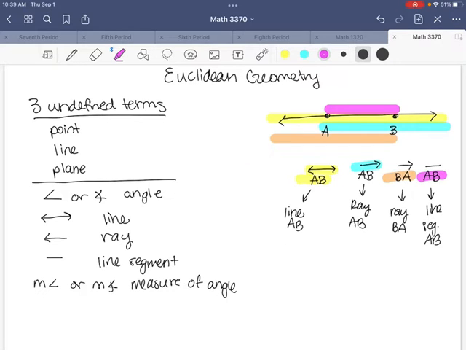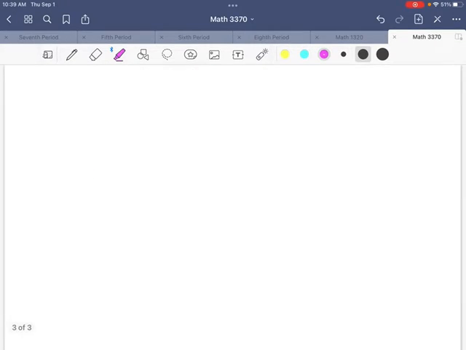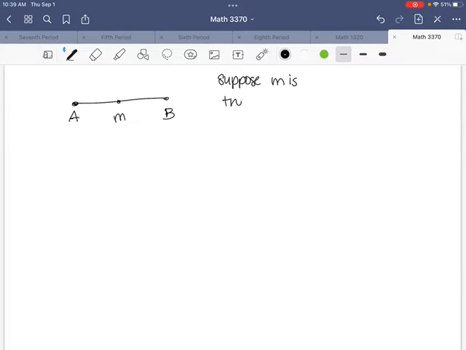So let's do an example with some numbers. So let's say we have this line with A here, B here, and M here. So we're going to say suppose M is the midpoint of AB.